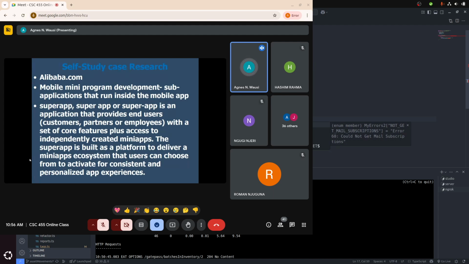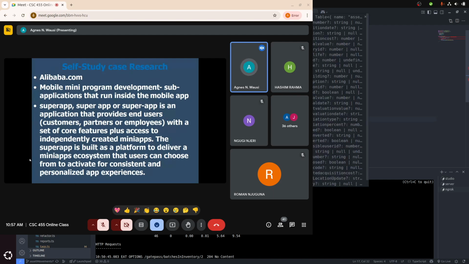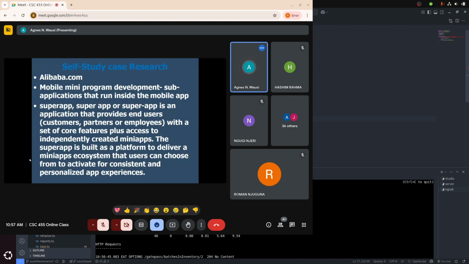Moving from an independent e-commerce platform to an ecosystem where you have a lot of interactions with other collaborators. There's the rising of mini program development, applications that run inside the mobile app.